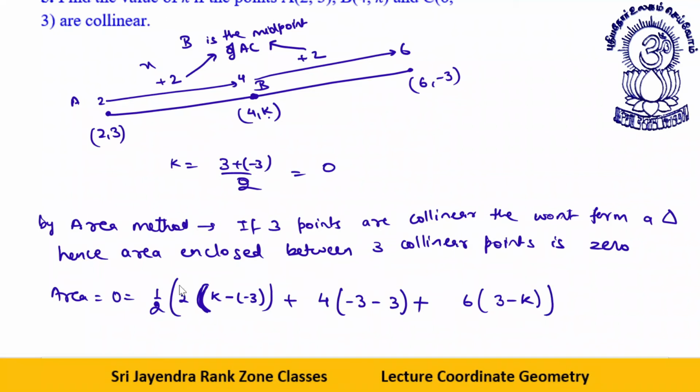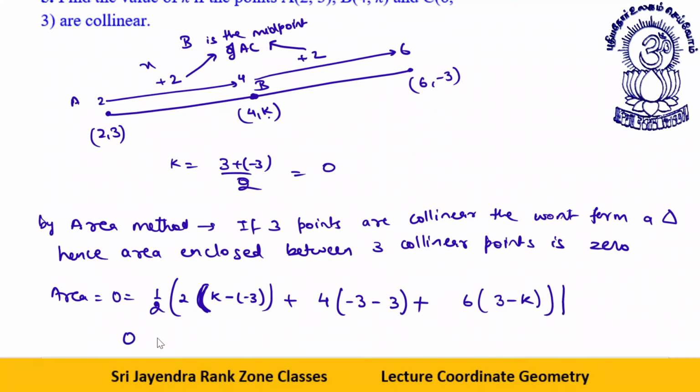I repeat, first we take x1, that is 2, (y2 minus y3), plus x2, 4, (y3 minus y1), plus x3, 6, (y1 minus y2). This will be 0.